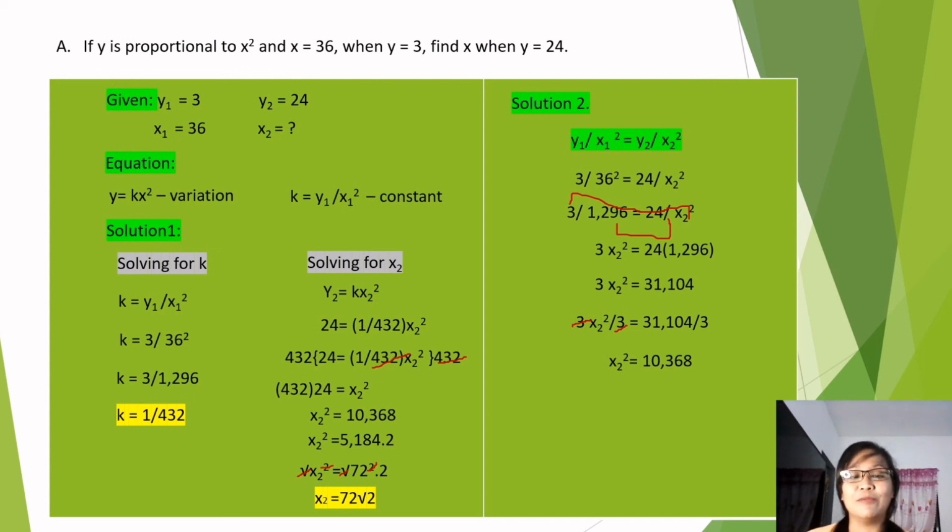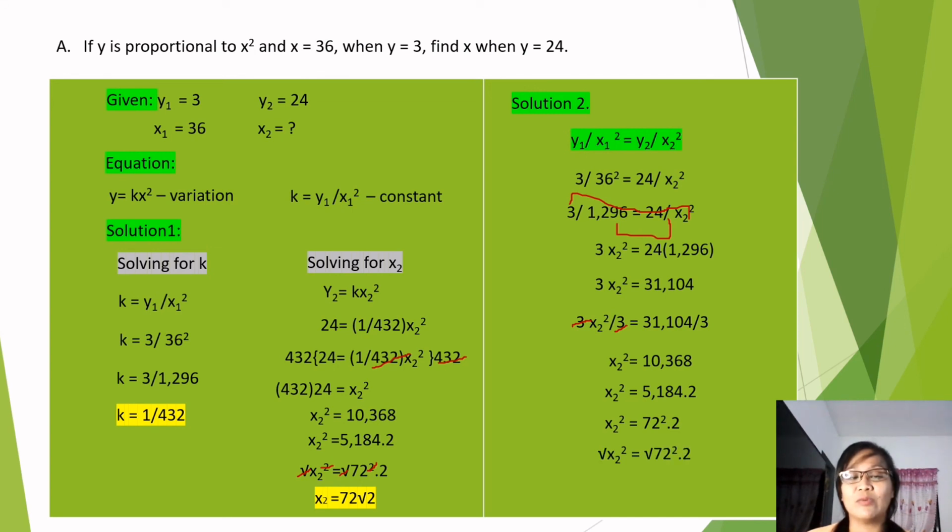So, mag-isip muna tayo ng factor ng 10,368 na ang factor na isa ay perfect squared. So, we have 5,184 times 2. Ang 5,184 ay 72 squared. After that, extract na natin si square by putting radical sign both sides.